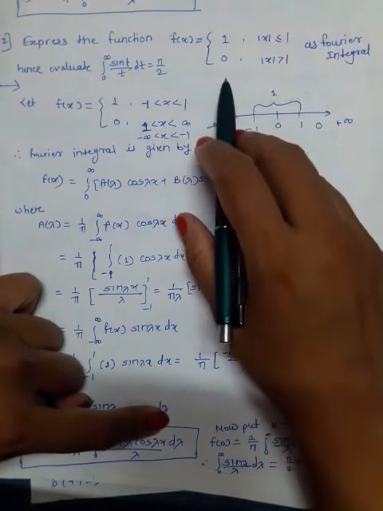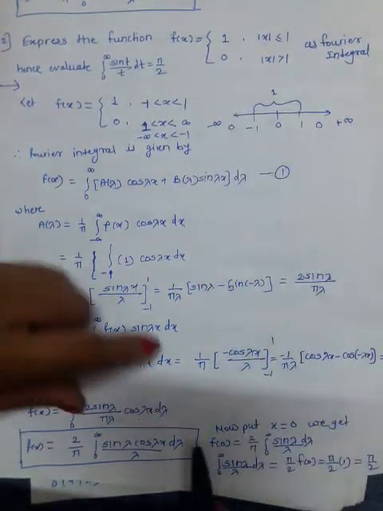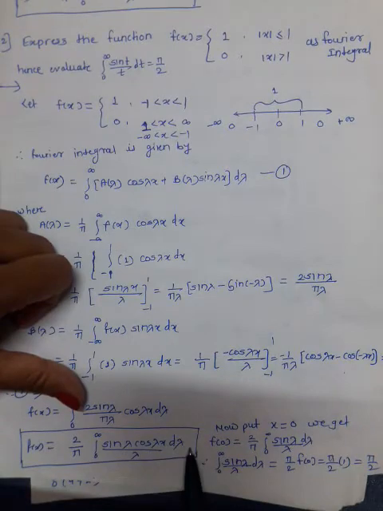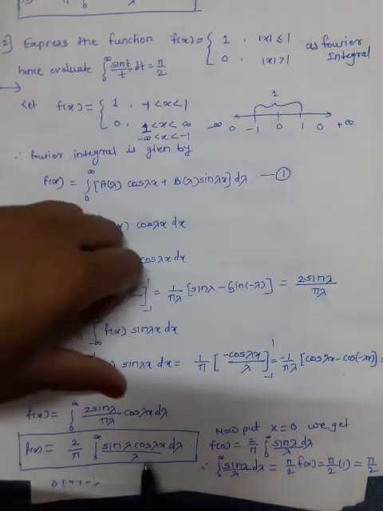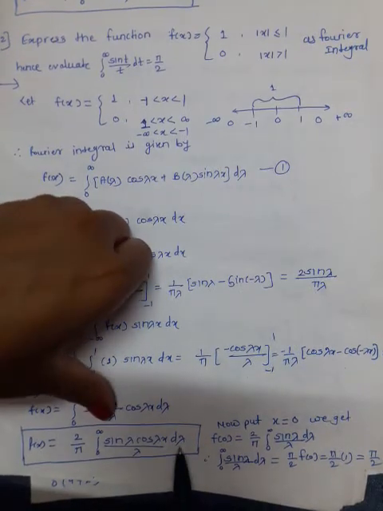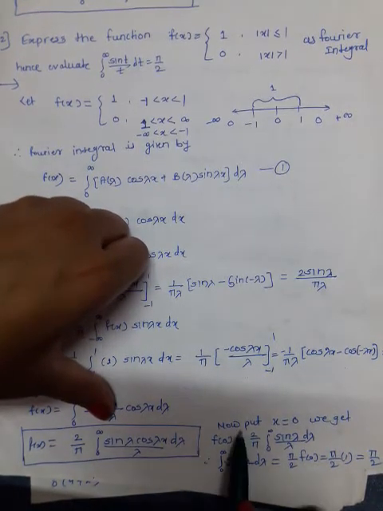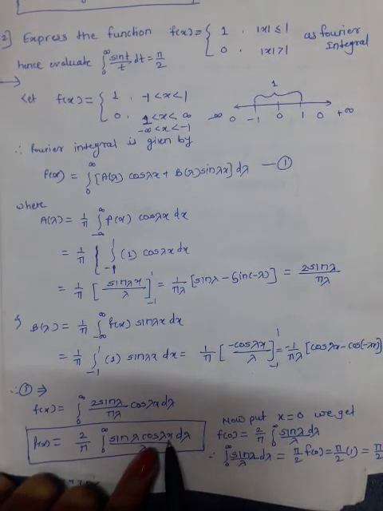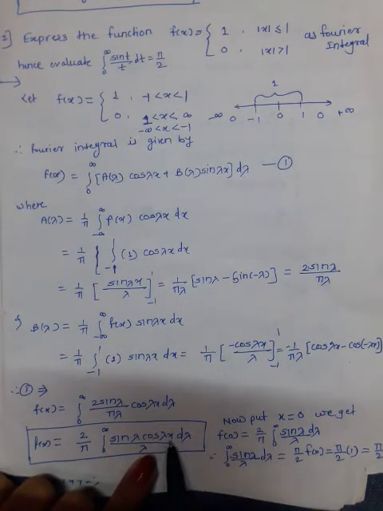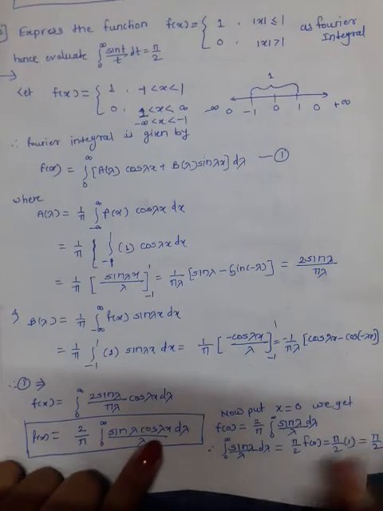We don't know the lambda value, and 0 to infinity we cannot put here. So put x such that cos lambda x becomes 1. We know cos 0 is 1. That's why put x is equal to 0 in this integration.